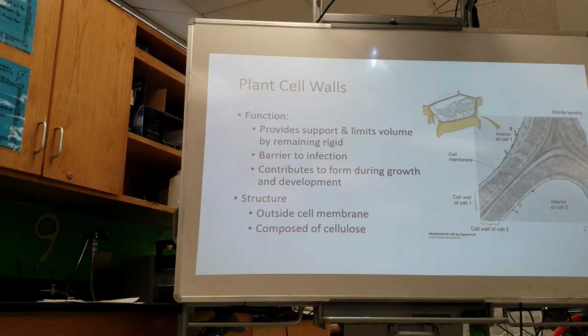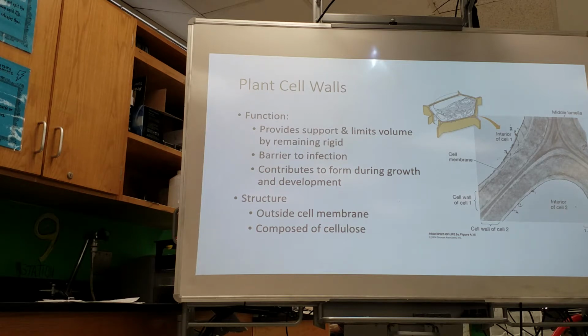So, plant cell walls are the most familiar type to most of us. They are made of a molecule called cellulose. They are fairly rigid. Since they limit the volume of the plant, they allow them to take in as much water as they want without bursting, which will become important when we talk about hypo, hyper, and isotonic solutions. And they're also a physical barrier to infection.